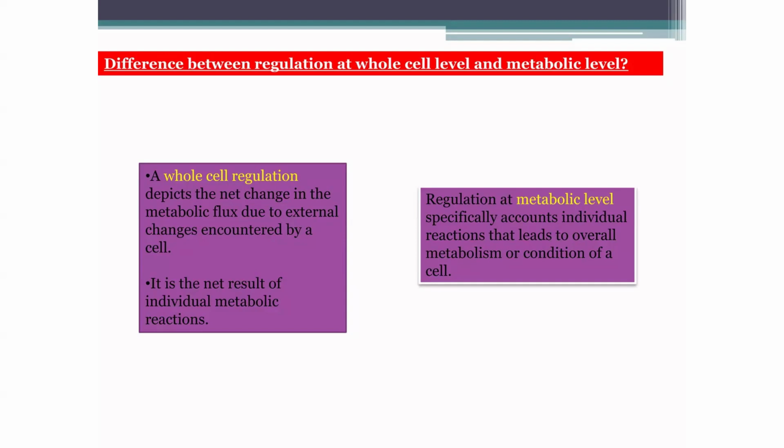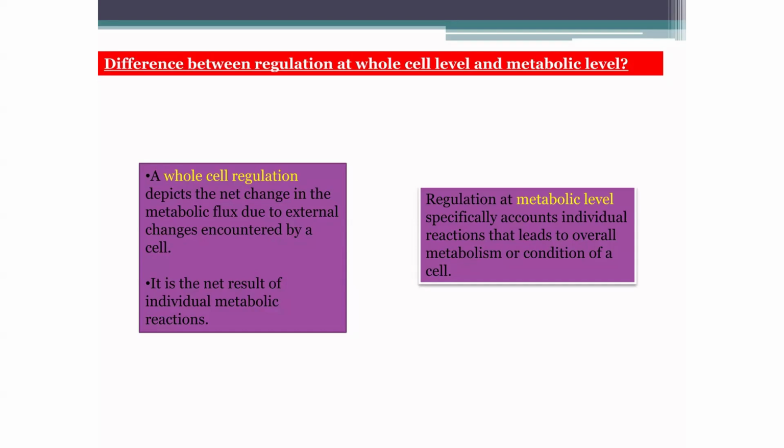So what is actually the result of these individual metabolic reactions that are found in different cells, maybe in different organelles of the cell? When you add all those individual reactions that are taking place in different parts of the cell, it is what will form the cell. So that's when you will have a whole cell regulation.